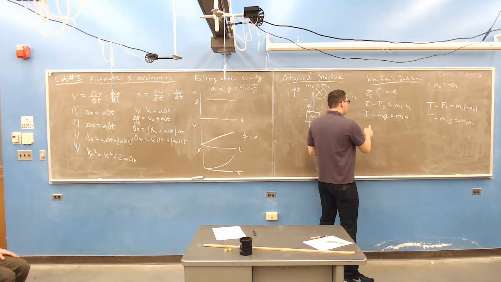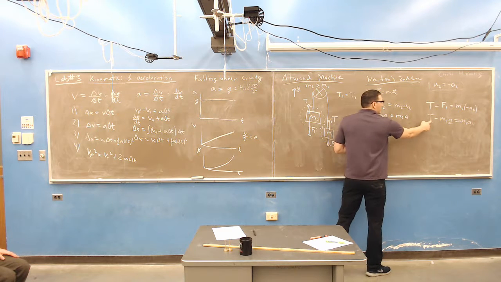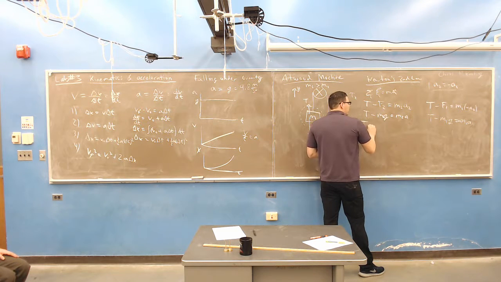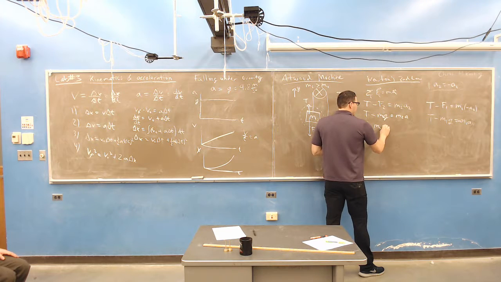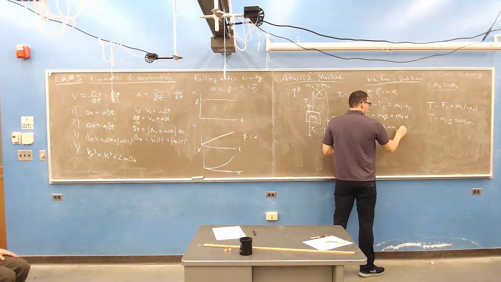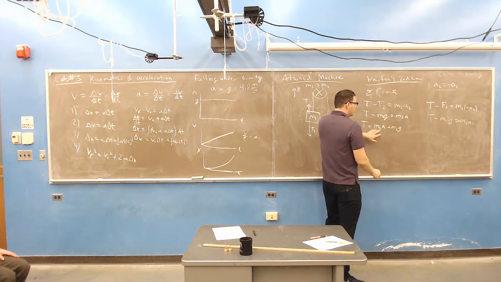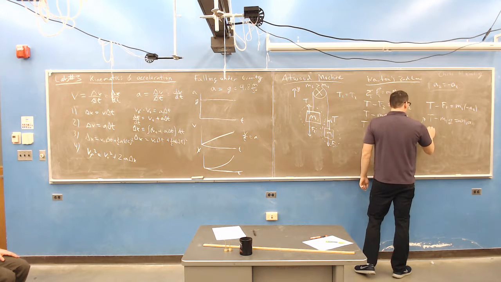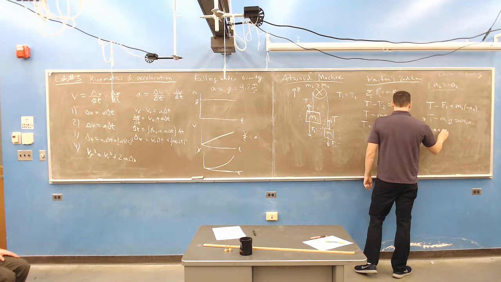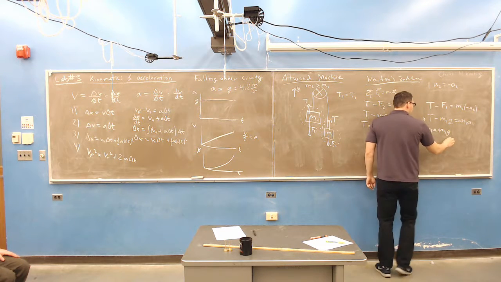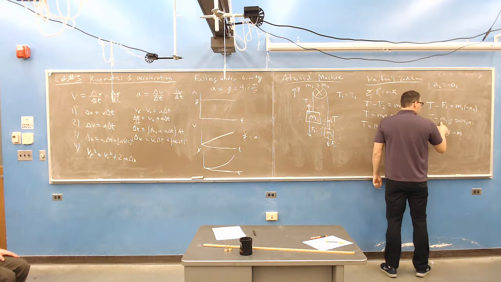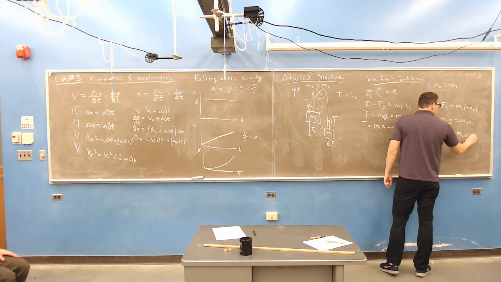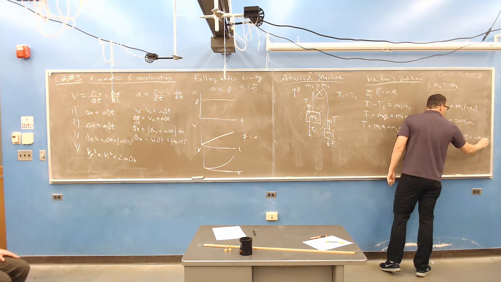So I'm going to solve this guy for T, and I'm going to plug it into here. So T is equal to, help me out, m2a plus m2g. And then I'm going to take this equation and plug it in there. So we got m2a plus m2g, and hopefully all this works out, minus m1g equals minus m1a.